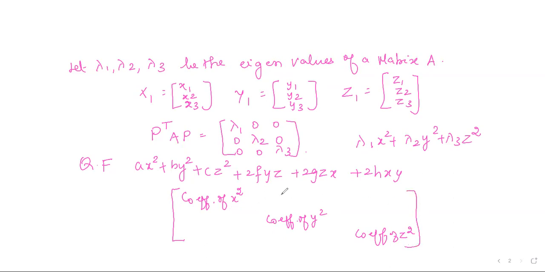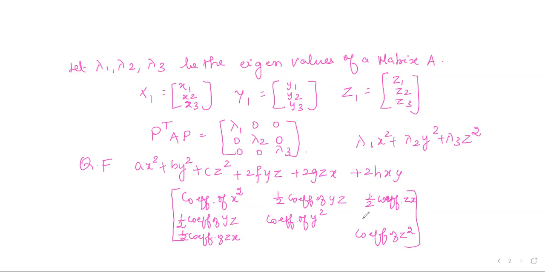Then a12 is 1 by 2 of the coefficient of xy, and a12 is equal to a21. a13 is equal to a31, which is 1 by 2 of the coefficient of zx.